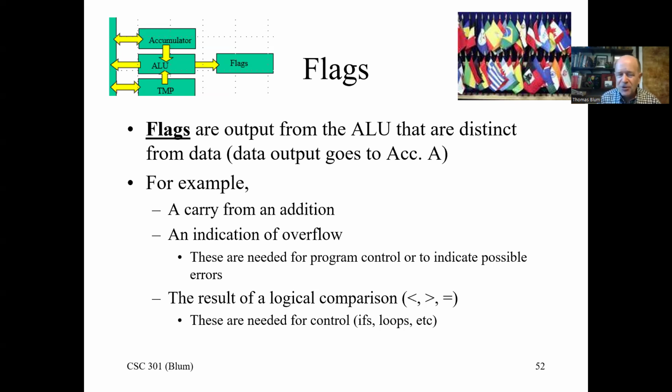Sometimes the result is just data, an answer. If I want to add two things and keep an answer, I will put those things maybe back in the accumulator. But if I compared two numbers, are they the same? I might put that in a flag. Or if I added two numbers and it got too high for the computer, that might be in a flag.